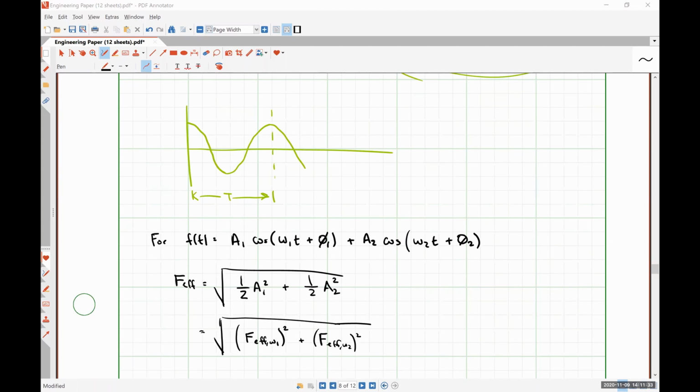So 3 divided by root 2 squared plus 6 divided by root 2 squared, 45 over 2, take the square root of that. I get 4.743 blah, blah, blah.